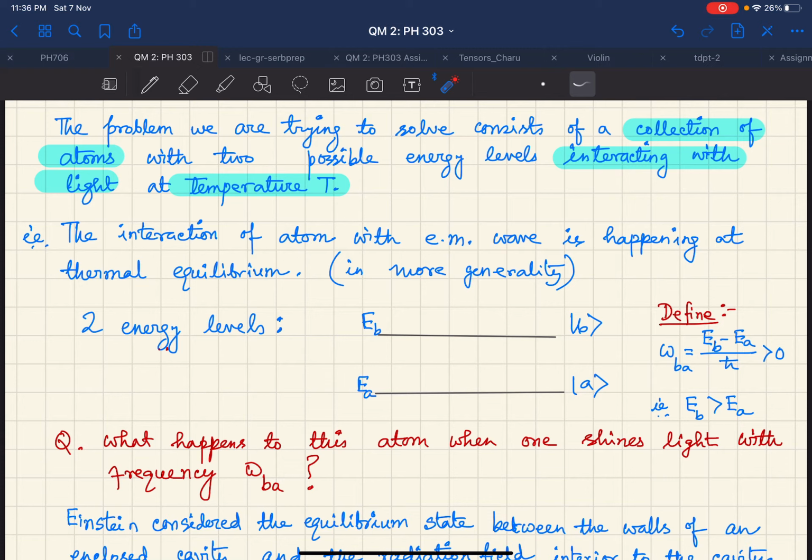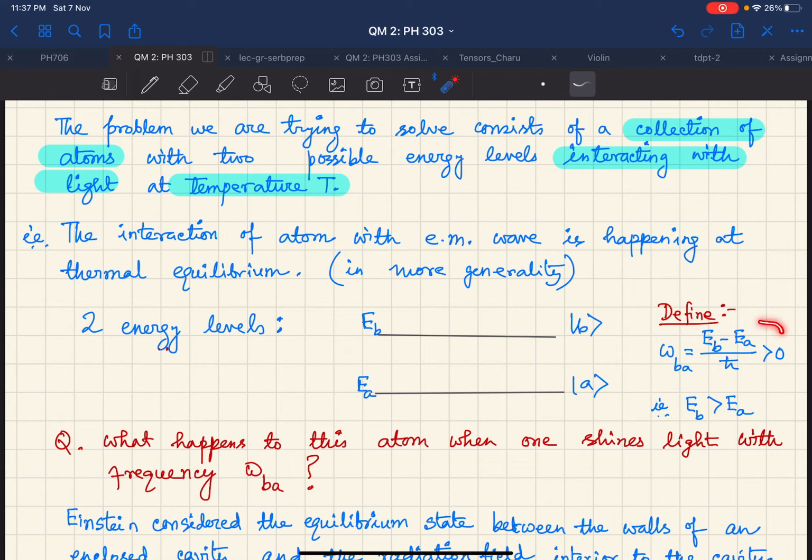Now, as I said, there are two possible energy levels. I am denoting them by ket A and ket B. So ket A, when the atoms are in this energy level, they all have energy E_A. If the atoms or the electrons in the atoms are in state B, they have energy E_B.